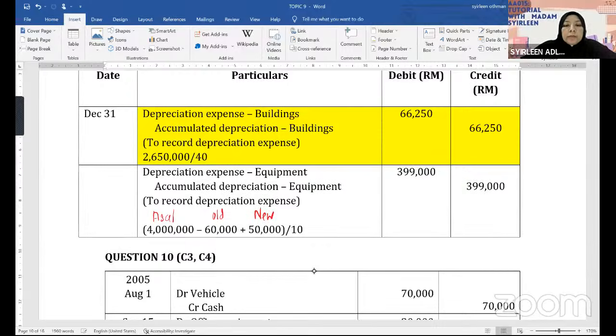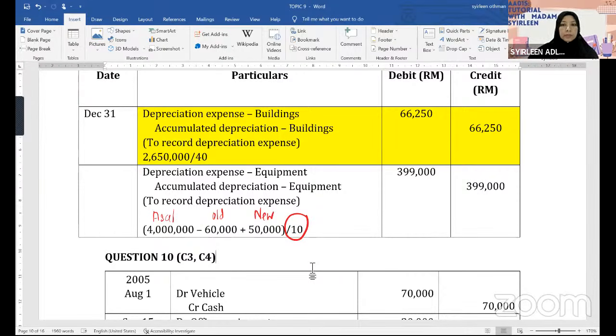Right? So that amount kita akan bahagi dengan 10 years. So untuk yearly basis, your depreciation expense for equipment banyak sikit lah berbanding the monthly sebab dia memang kira setahun. Walaupun kita tak beli dari awal tahun, kita beli dalam bulan April, but the calculation for depreciation is for the whole year.